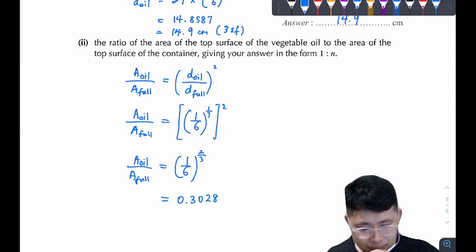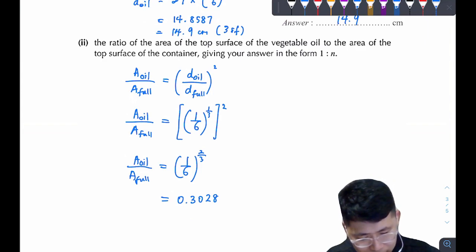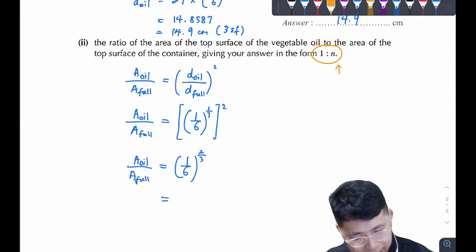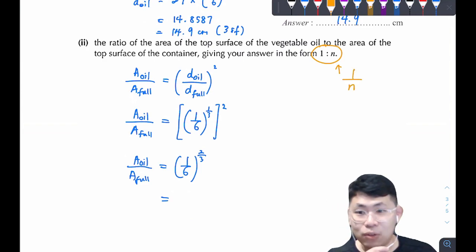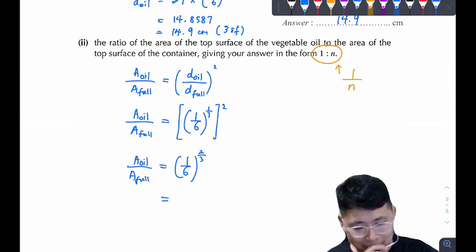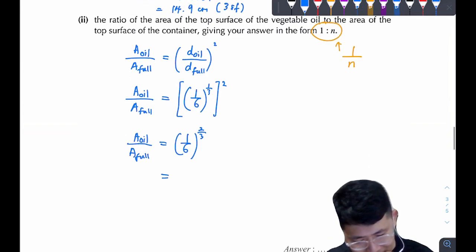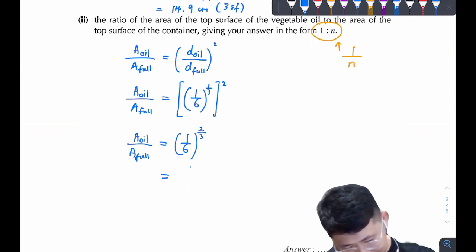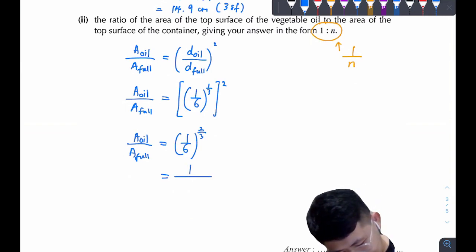Okay, sorry, bad move. Okay, so let me do this. Because we're looking for a ratio, and this one is a bit special. We are looking for a ratio in the form of 1 to n. So that means my fraction must be 1 over n, something like this. So I will need to do something like this. 1 to the power of anything is 1. Then 6 to the power of 2 thirds, I'm going to write 6 to the power of 2 thirds.